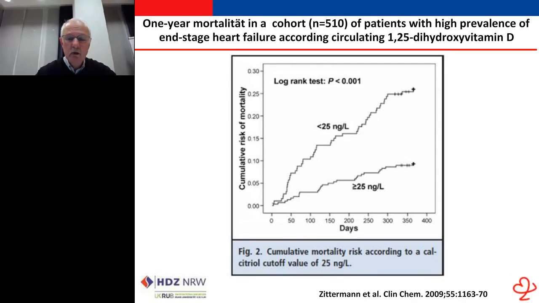Here we have the results of a cohort study in 500 patients with a high prevalence of end-stage heart failure. And you can see the one-year mortality was significantly higher in those patients who had baseline 125 hydroxyvitamin D levels below 25 picograms per milliliter.